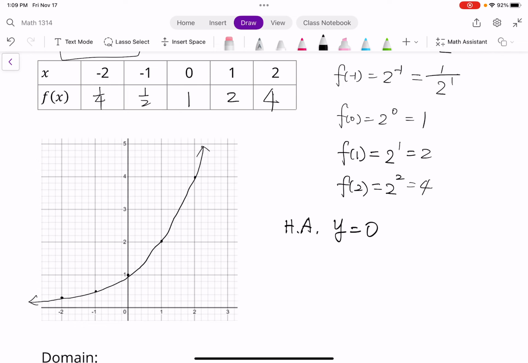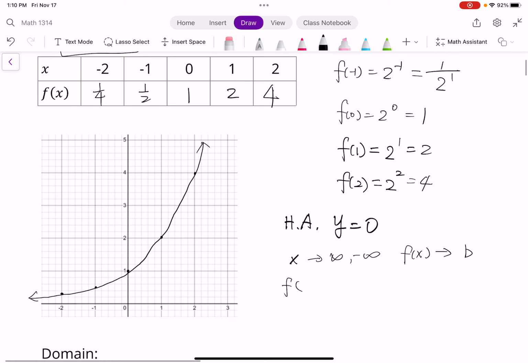The definition is, when x approaches infinity or negative infinity, my f of x approaches a special value. So y equals b is the horizontal asymptote. From my graph, I can prove that y equals 0 is the horizontal asymptote.